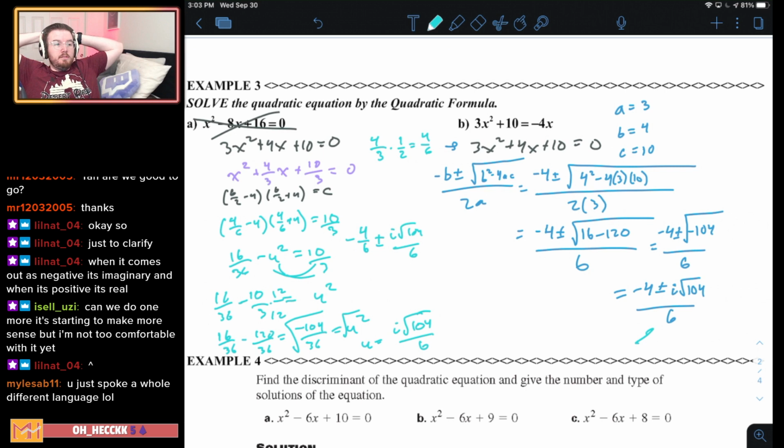Do we want to see another one, or are we good? I can make up another one and not use the U method.